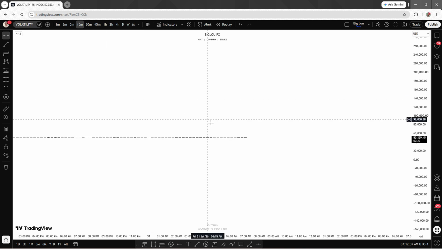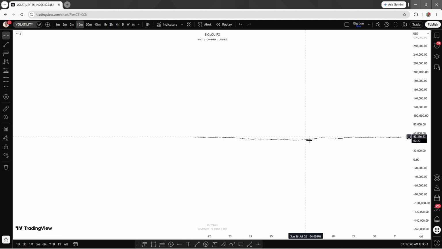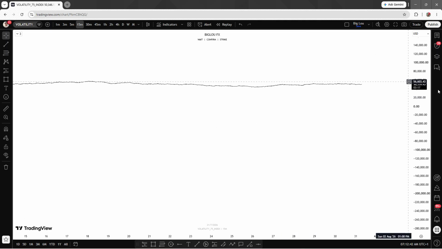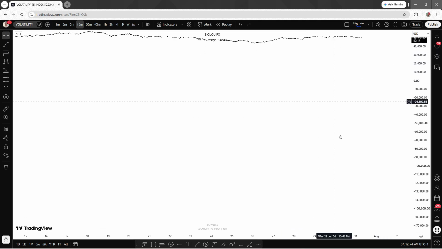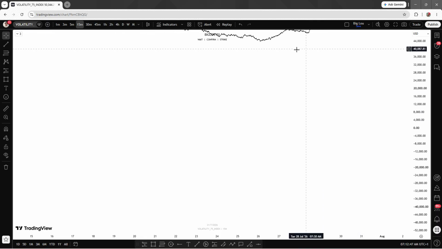Let's get to the 15 minutes. You can see how the 15 minutes is nothing to write home about, but when we open this market clearly, we can start seeing some things.